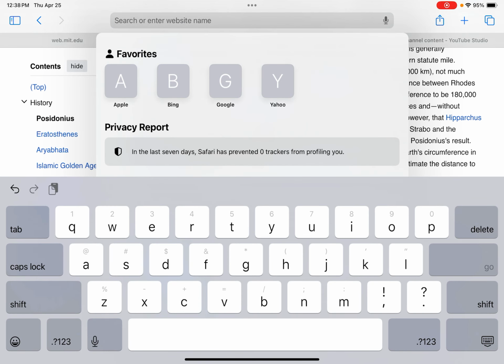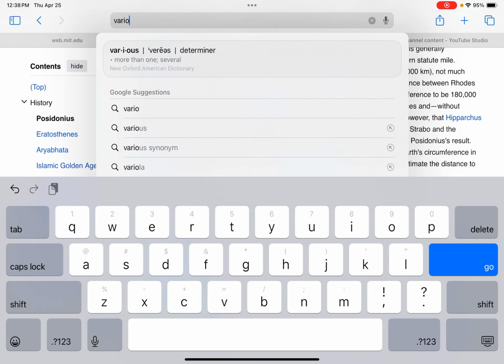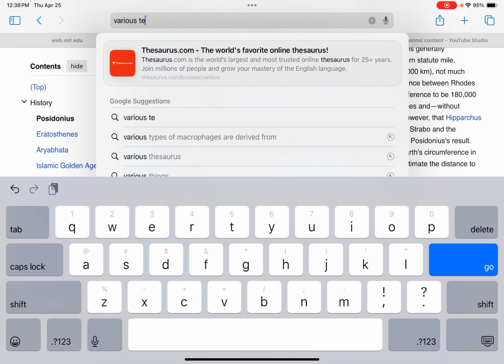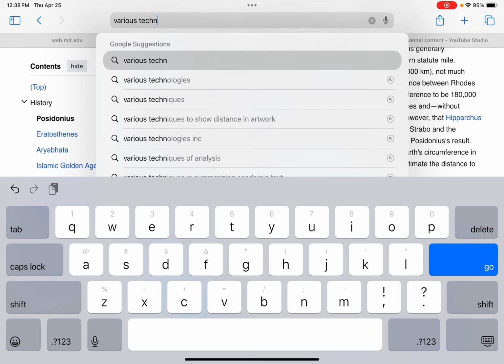Let's just type in various techniques. Oh, wait, I have a keyboard here, so maybe that'll speed things up. Various techniques. Oh, wait, why isn't the keyboard working? Do I have to put this down? Let's see. Keyboard not working. Various techniques.